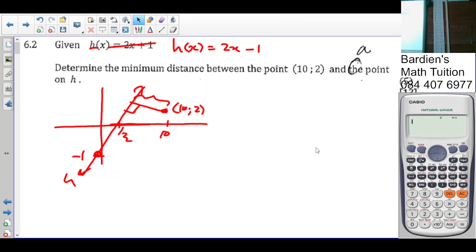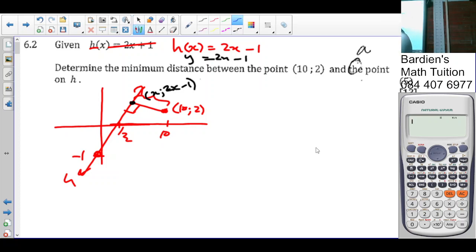But what I did was take that point into account. We know that's going to be an x and a y normally, but this y, since it's lying on the graph of h, is y equal to 2x minus 1. So we let that be 2x minus 1. How do we work out the distance?